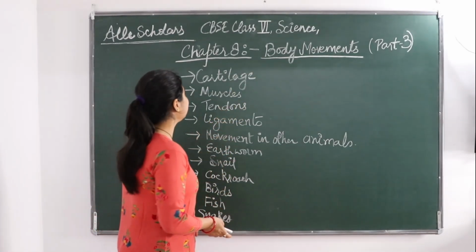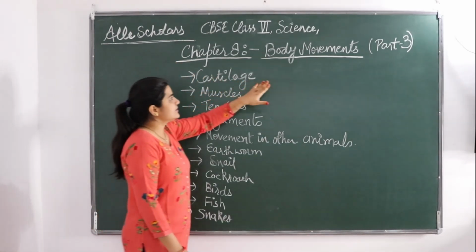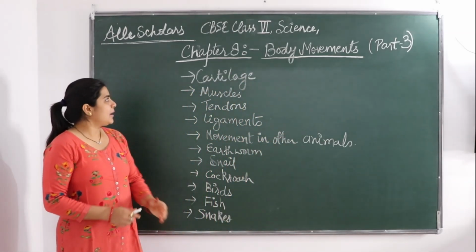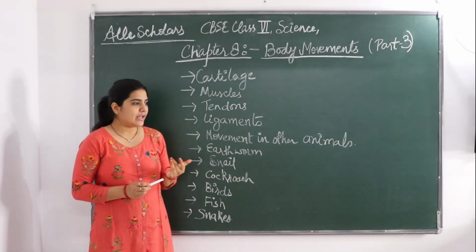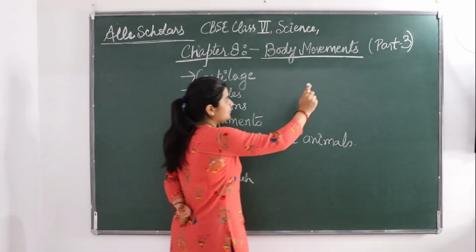So today I will be taking the third part of chapter 8 from class 6 science, that is the body movements. In part 1 and part 2 you have seen that we have discussed bones and cartilage.